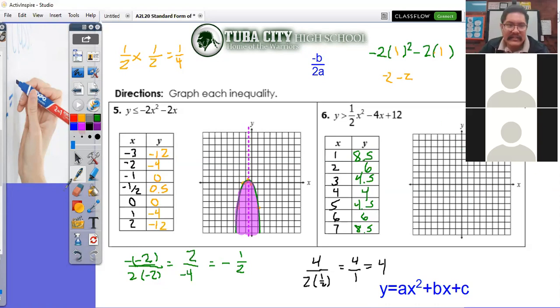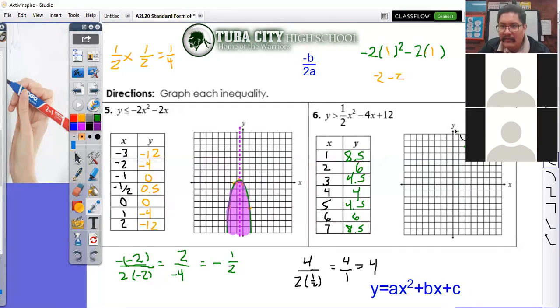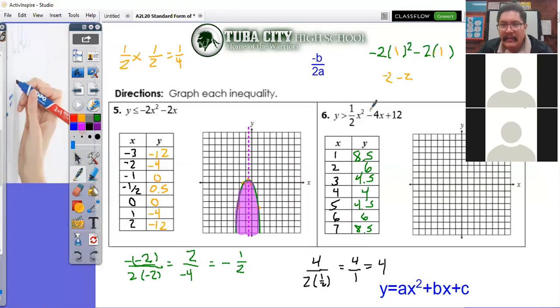Now, I'm just graphing this just to show you that 8.5 would be up here. Go ahead and label this. Actually for this one, we are going to need a dash line because there is no or equal to on this inequality.